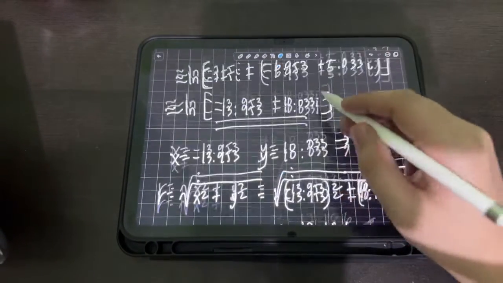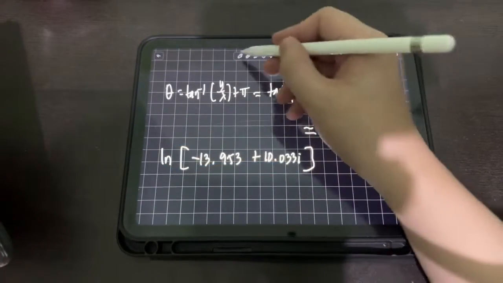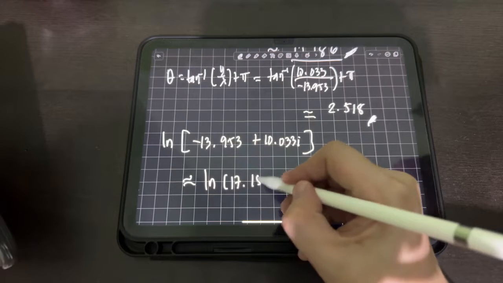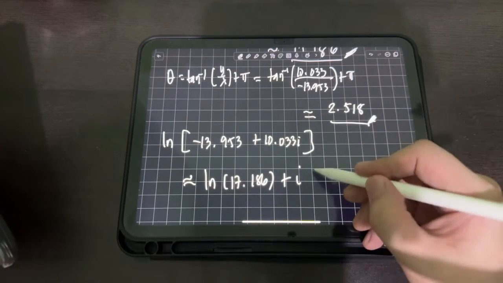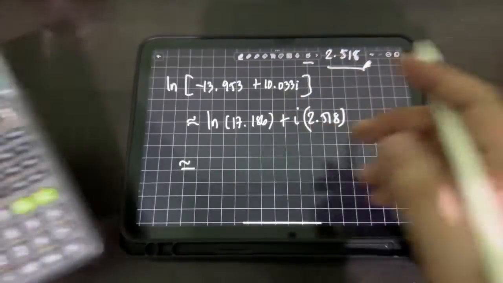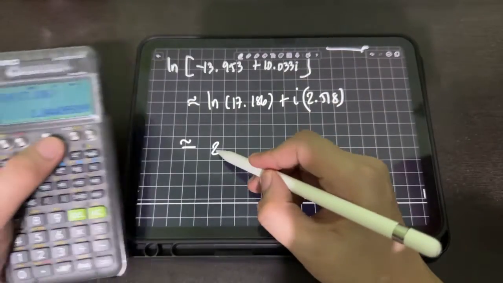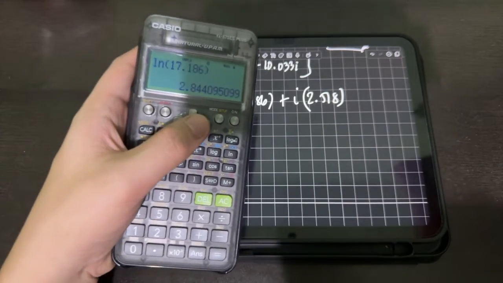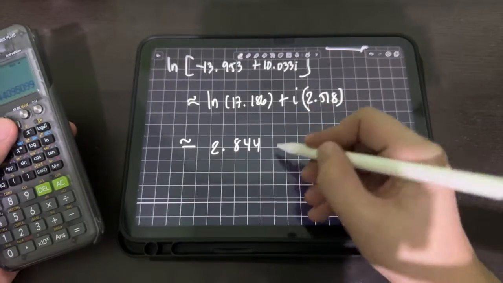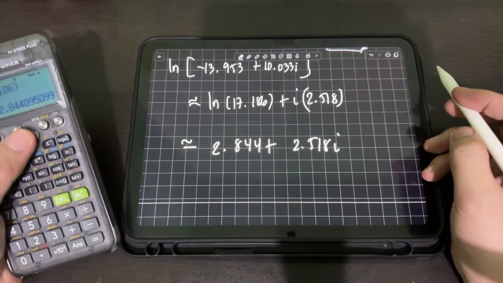Therefore, the value of this ln is approximately equal to the ln of r, 17.186 plus I theta, 2.518. Get the ln of 17.186. It's approximately 2.844 plus 2.518i. Okay?